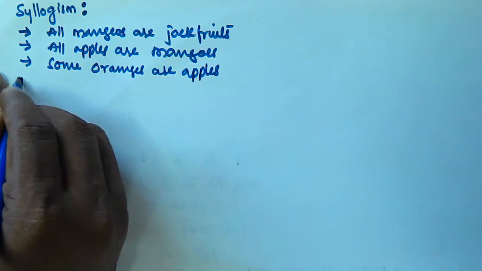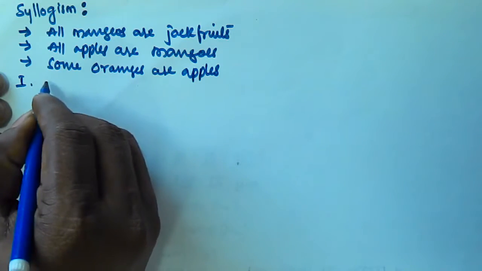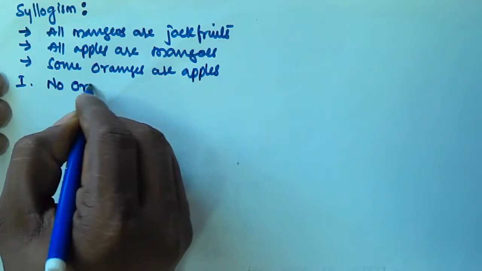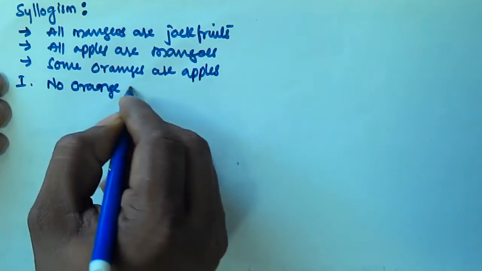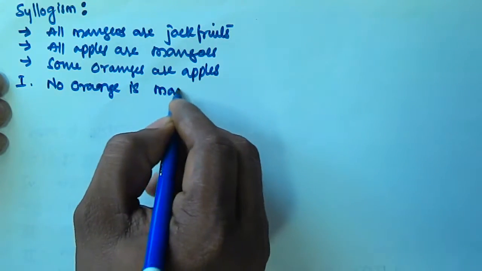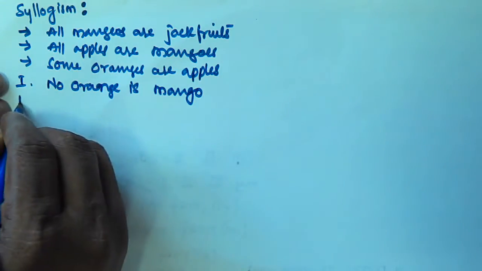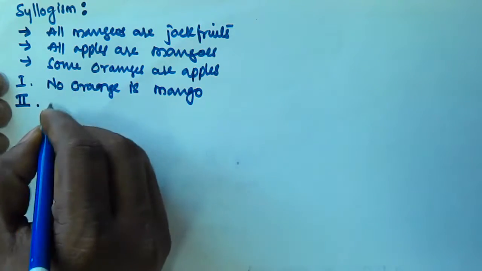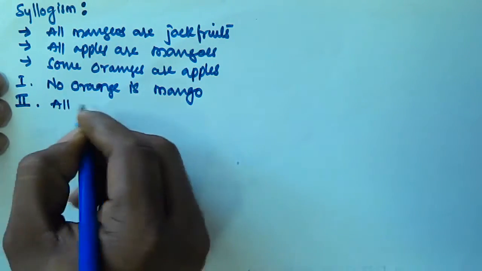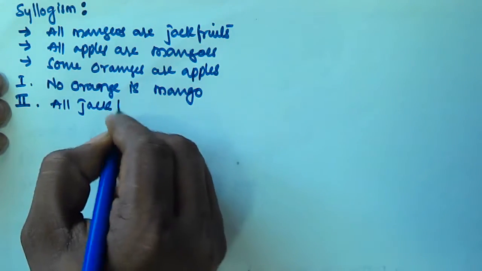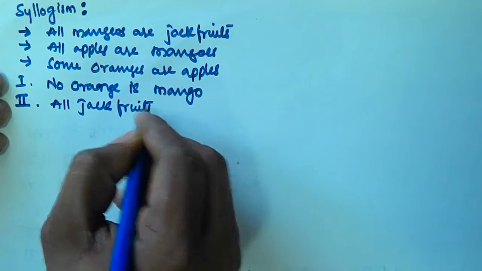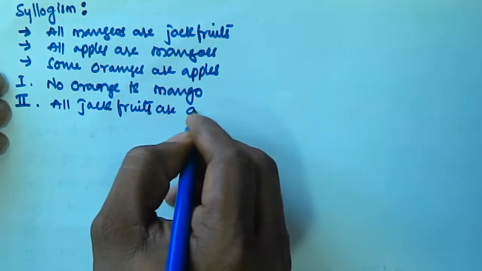The first conclusion given is no orange is mango. The second conclusion given is all jackfruits are apples.